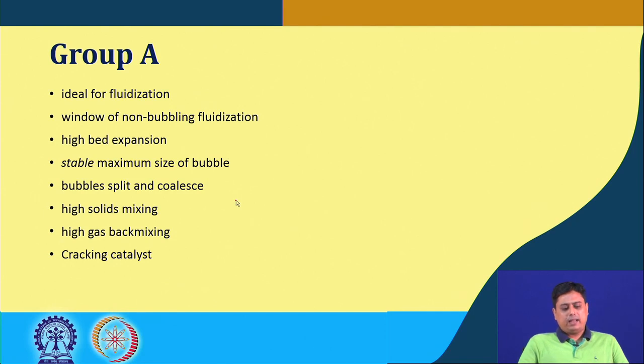Now, group A particle has another characteristic where, as we have mentioned, there is the onset of bubbles because there is a window for non-bubbling regime, as well as there are the bubbling regimes. Now, at a relatively higher velocity, there is the continuous formation of bubbles, it splits, its coalescence happens, and that helps us in having a smooth fluidization.